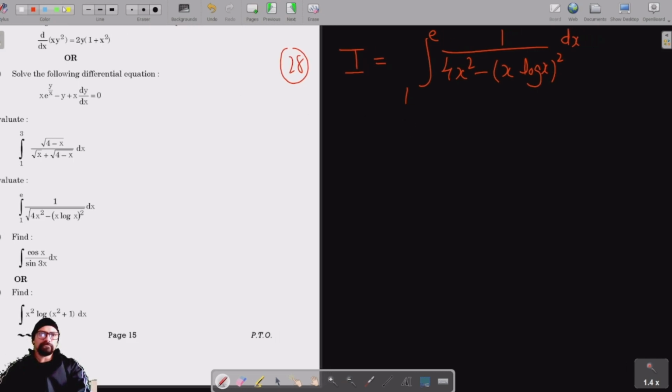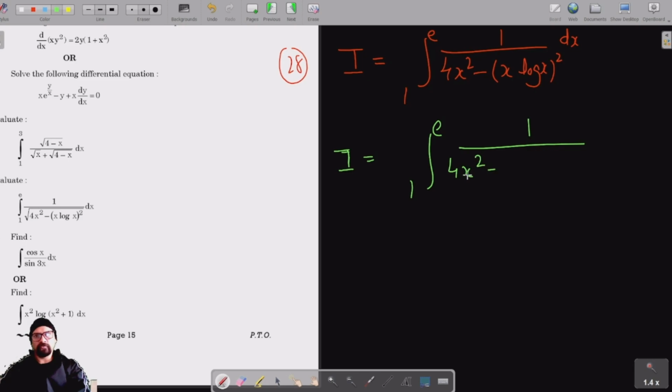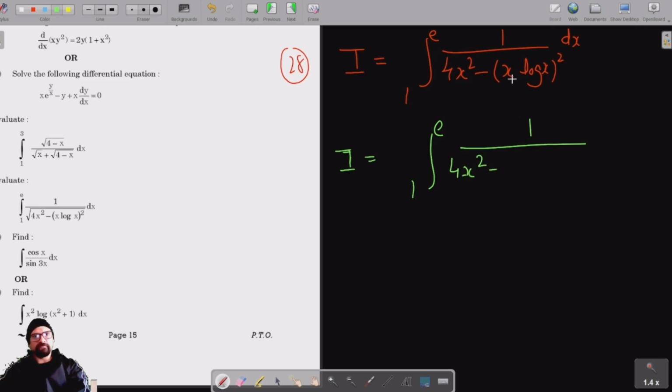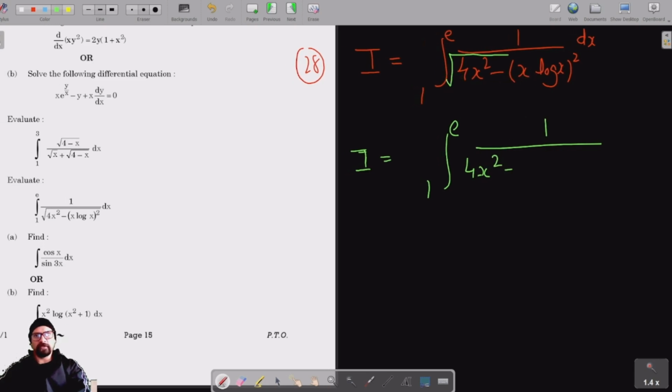Okay, now let's try to simplify it first. So this is 1 upon 4x square minus, and all of this is under root, let's open this x log x the whole square. So this is x square log x the whole square into dx.